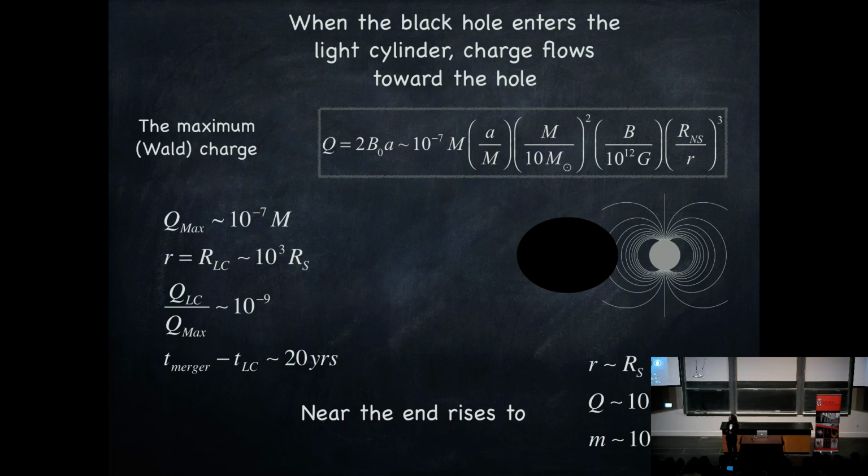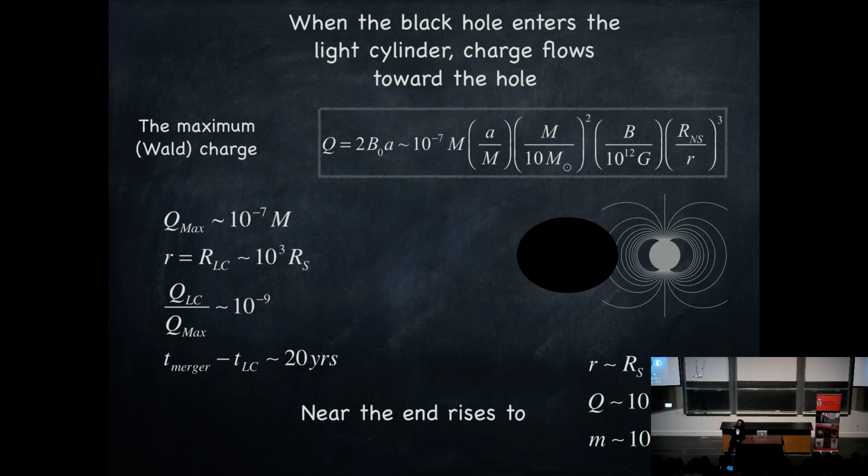We can calculate what the maximum charge is on the black hole. And we find, in units of the mass, which is how we quote everything, I can give it to you in coulombs, but I don't really know that that's useful. It's about, for a rapidly spinning black hole 10 times the mass of the sun and a magnetic field of 10 to the 12 Gauss, let's say, the charge is 10 to the minus 7 m.